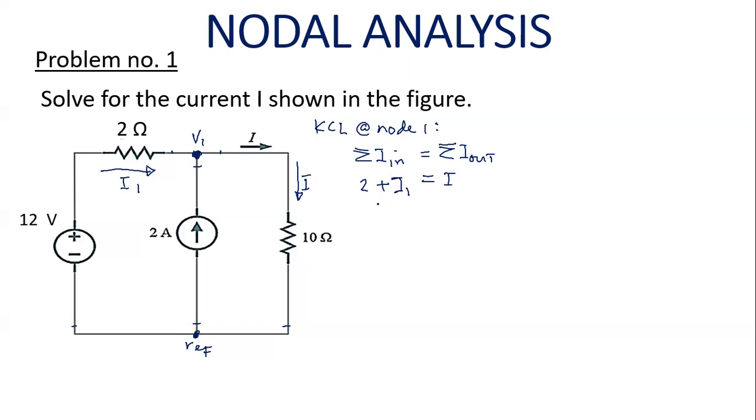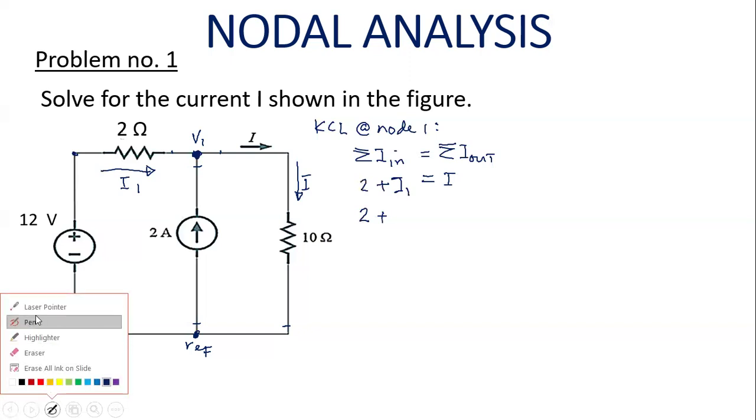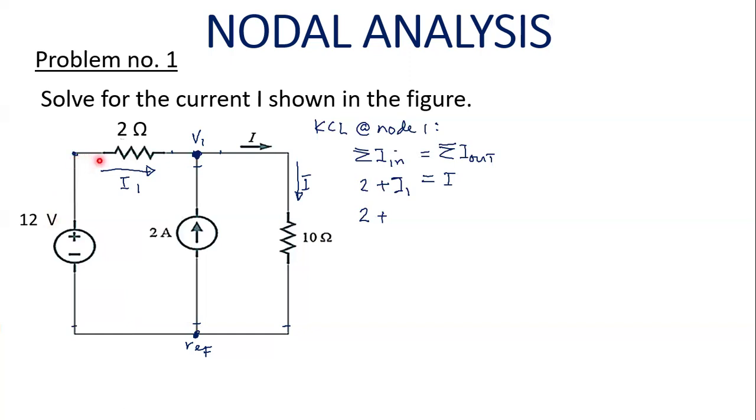Okay, so the next step is we have to replace the currents in terms of the node voltage, the given source voltage, and the resistances. So let's just copy the 2 because this is already given. This is constant. And I1, in our figure, we let its direction be to the right. So at this node, the voltage is just equal to the 12-volt source.